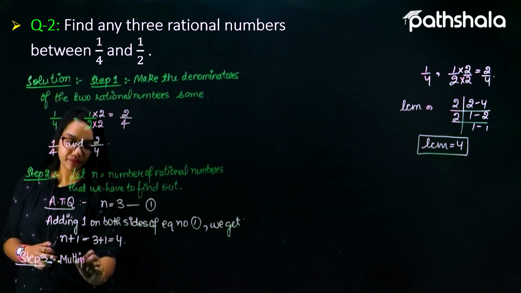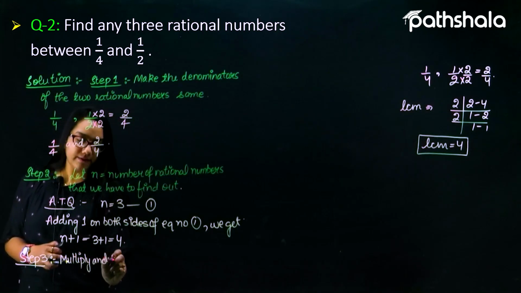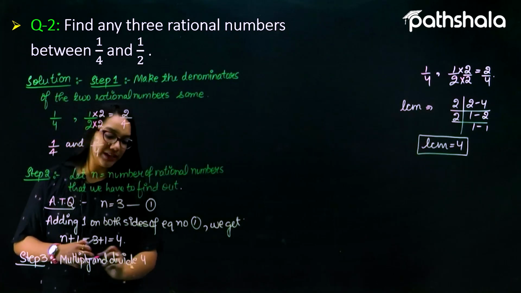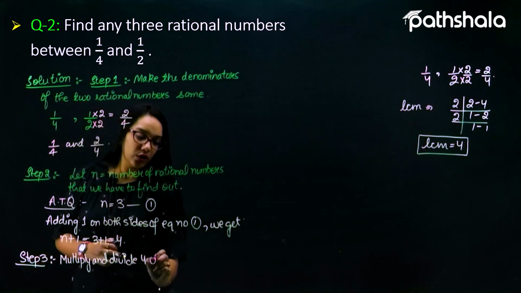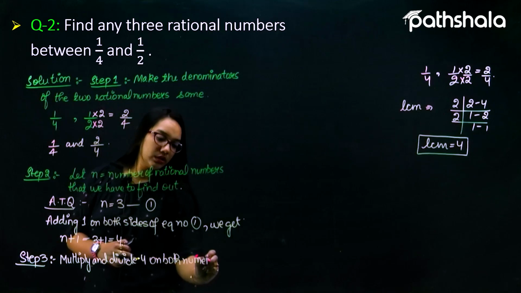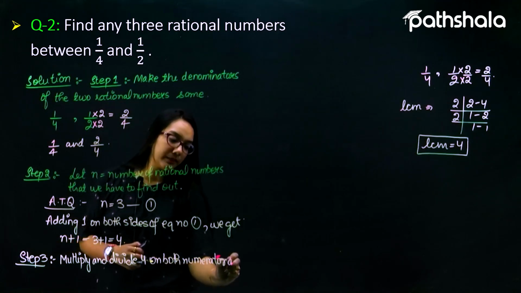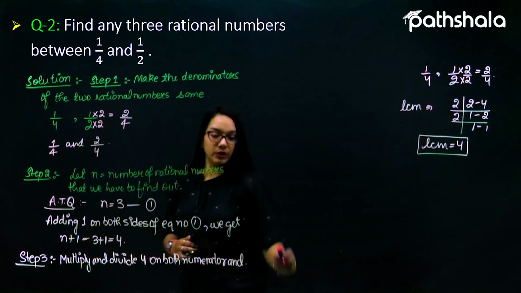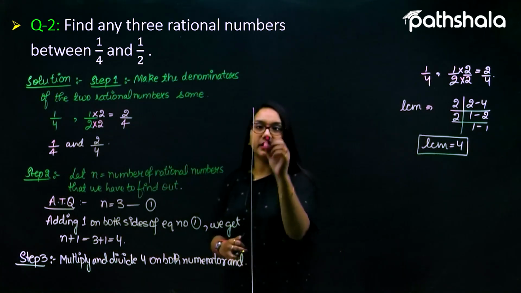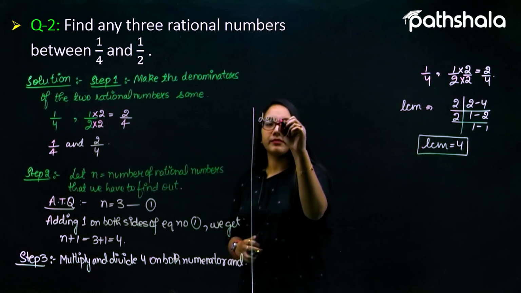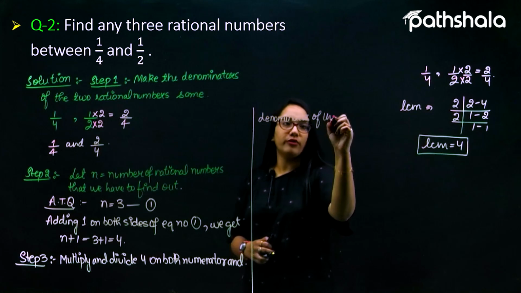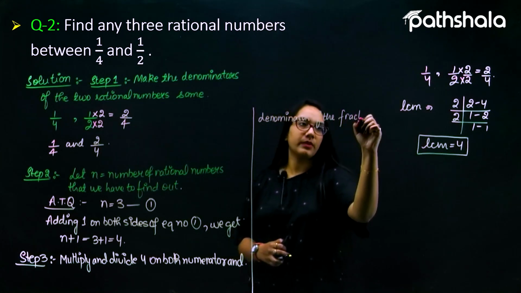multiply and divide 4 on both the numerator and denominator of the fractions.